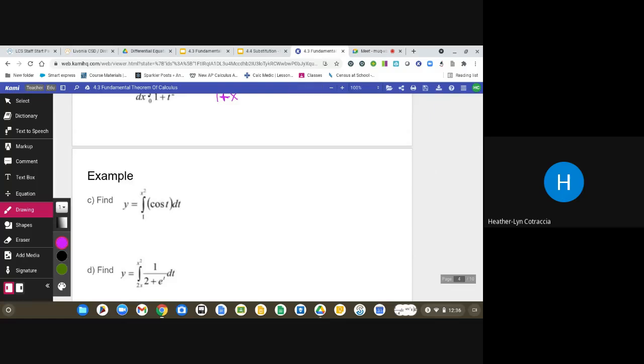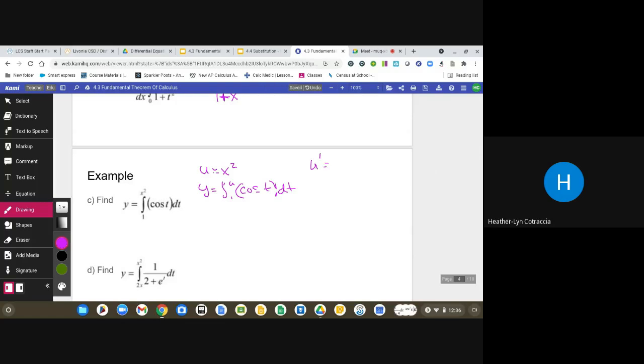So what we're going to do is use a little chain rule, or a little u substitution with chain rule. So I'm going to say my u is x squared, which leaves my y the integral from 1 to u of cosine t dt. Okay, now with chain rule, we know we have to find the derivative of both of those.